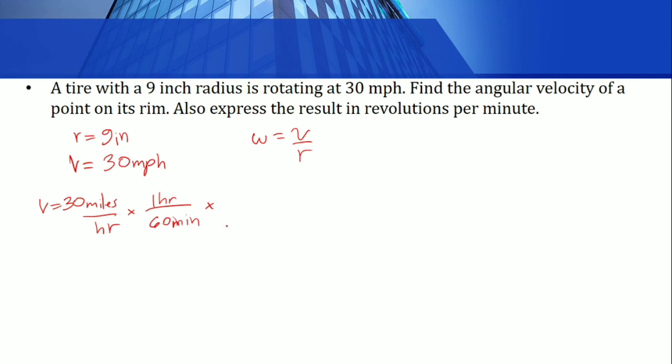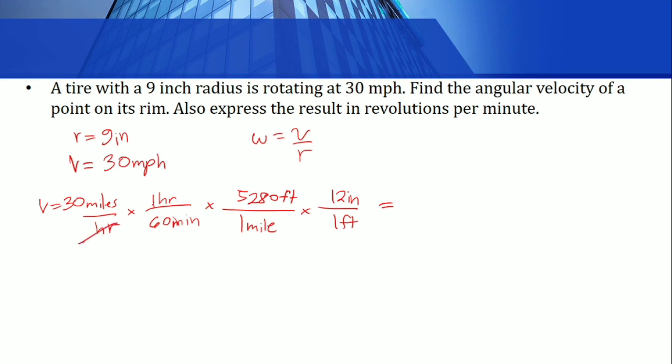So, sabi, 1 mile is equivalent to 5,280 feet times. So, yung feet is equivalent to 12 inches. So, 1 feet is equivalent to 12 inches. So, therefore, yung velocity natin in terms of inches over minute.